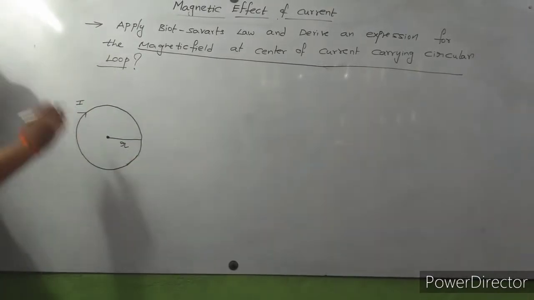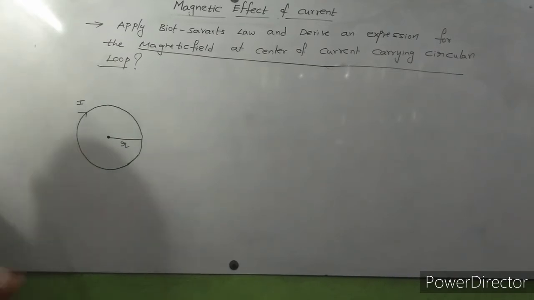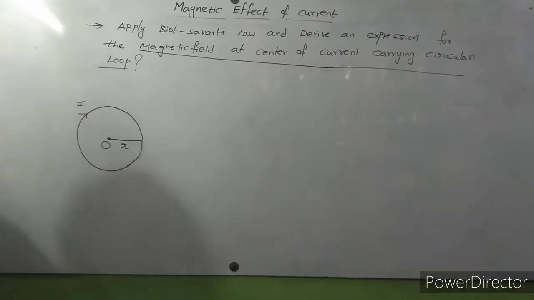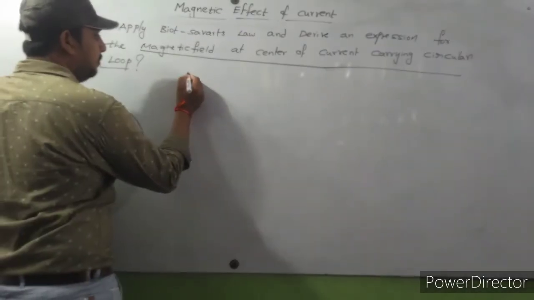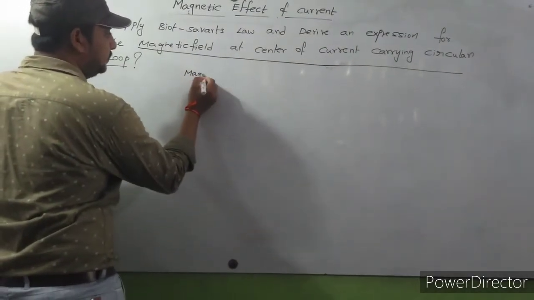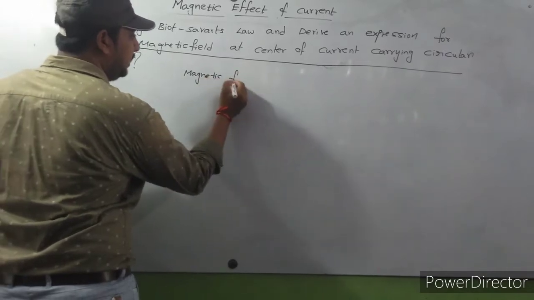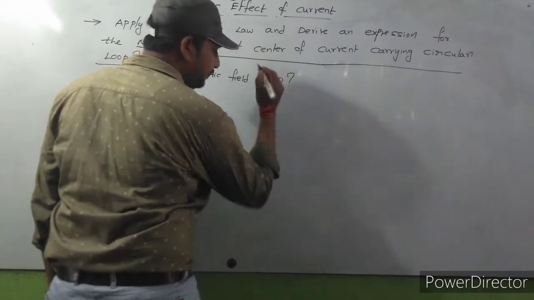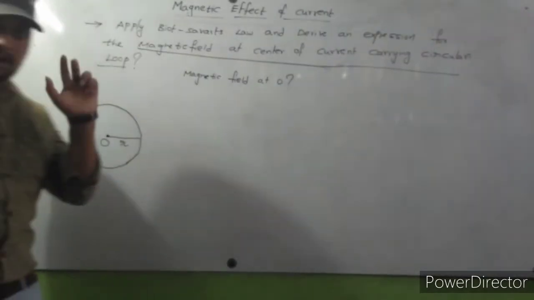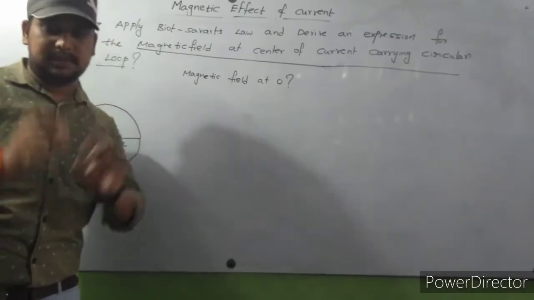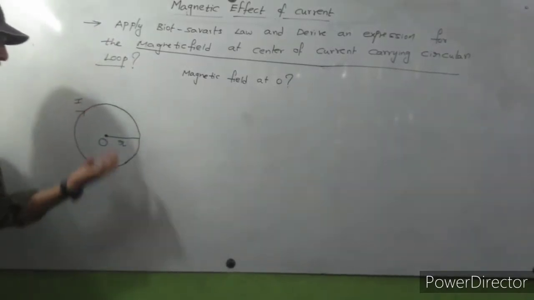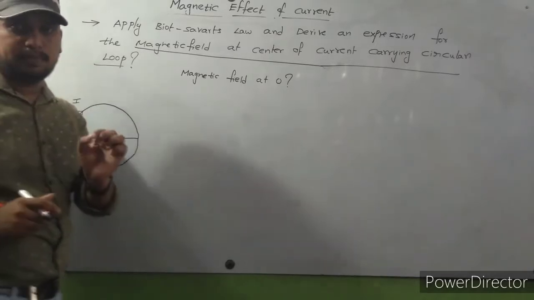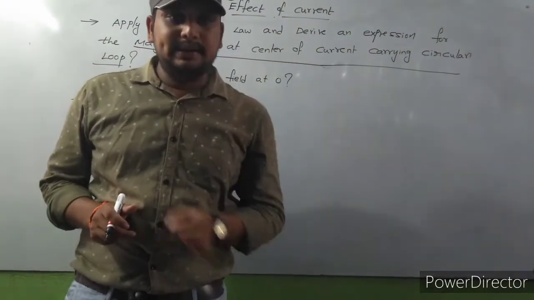This is the center O. We need to find the magnetic field at O. Dear students, observe carefully, this is very simple. What is this? A current carrying circular loop.